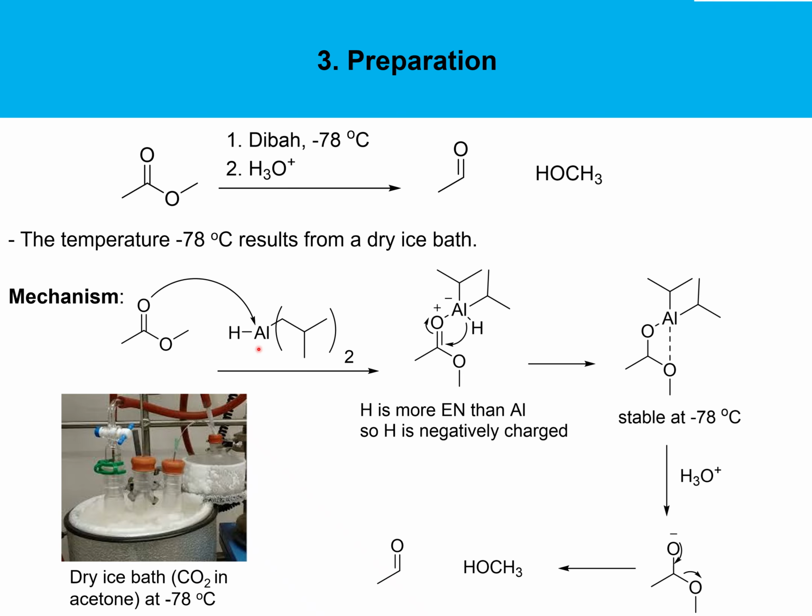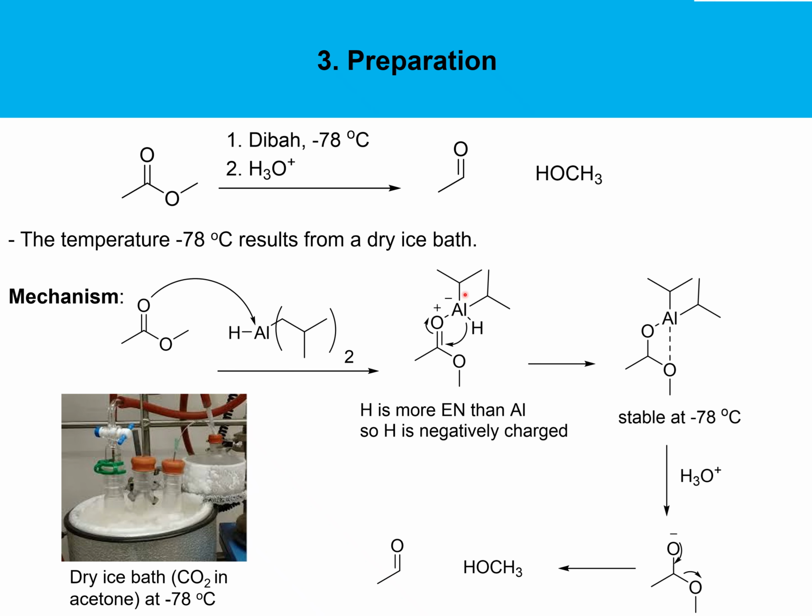So we can do that by accepting a lone pair from this oxygen to make this intermediate here, which is a Lewis acid-base adduct. The oxygen will now have a positive charge. The aluminum will have a formal negative charge. They're bound to each other.